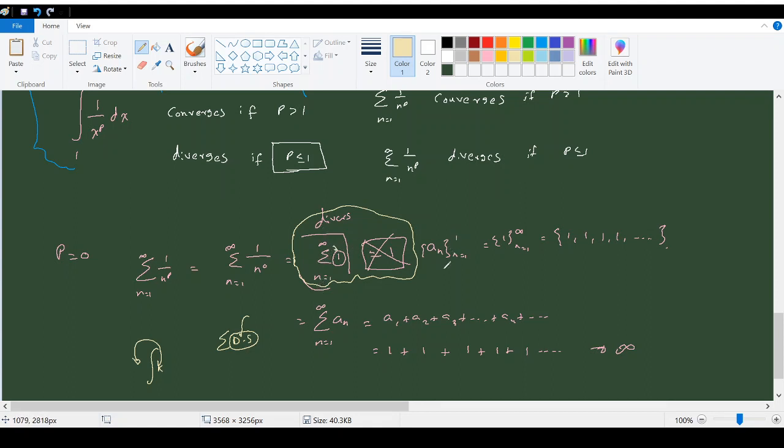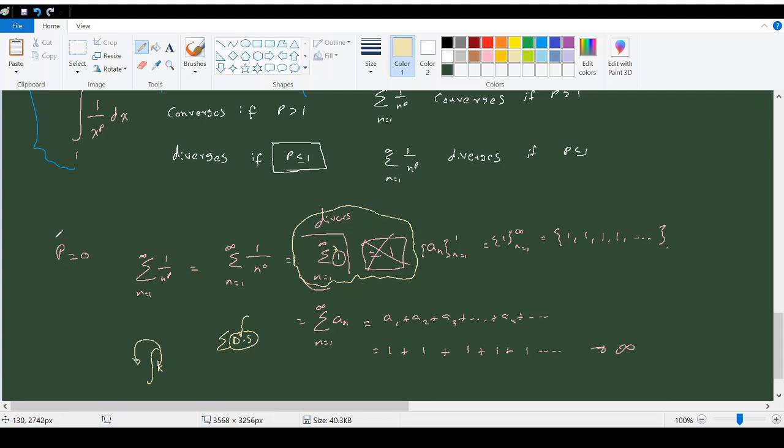The best way to interpret this sigma notation is to visualize it as a sequence of an terms. Here an was the constant sequence of ones, and the sigma notation says that you have to add up all the terms in this given sequence, which in this case means adding 1 infinite times.